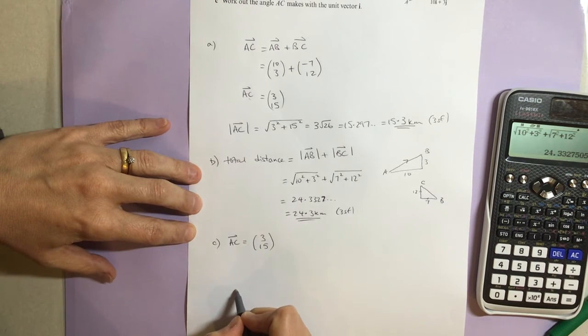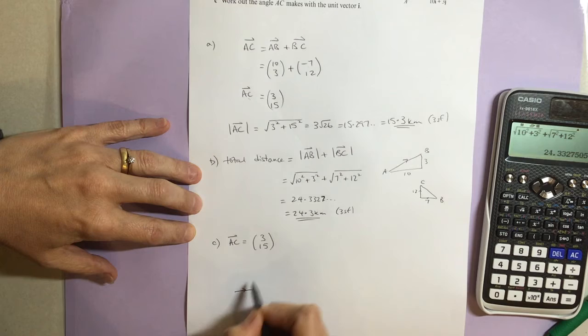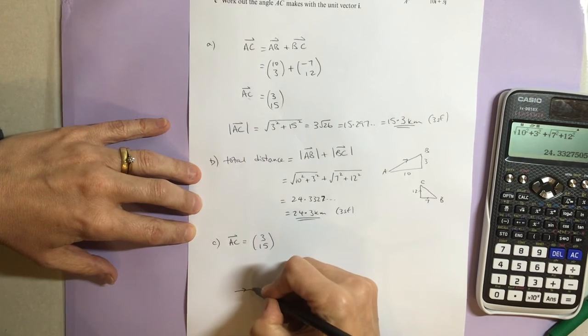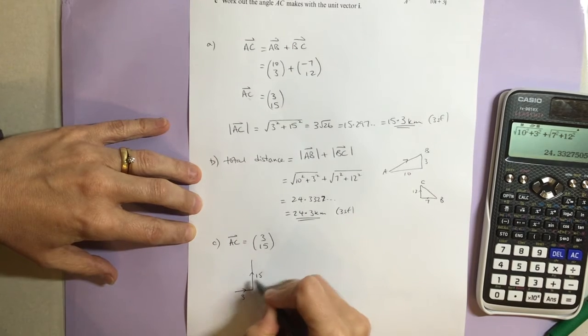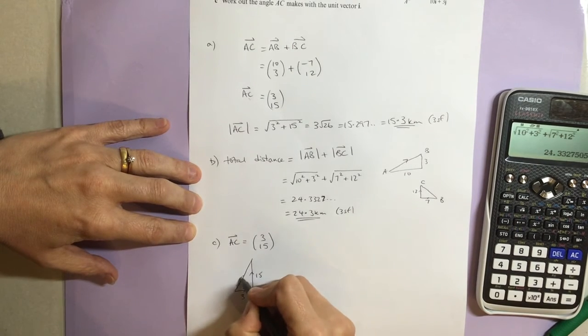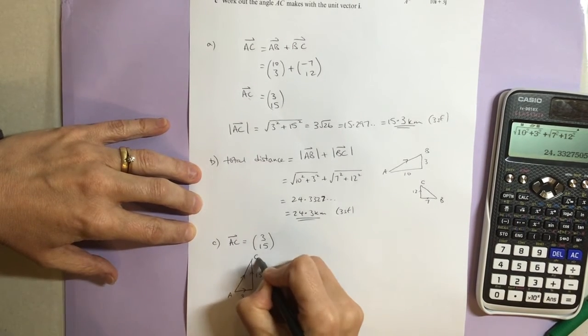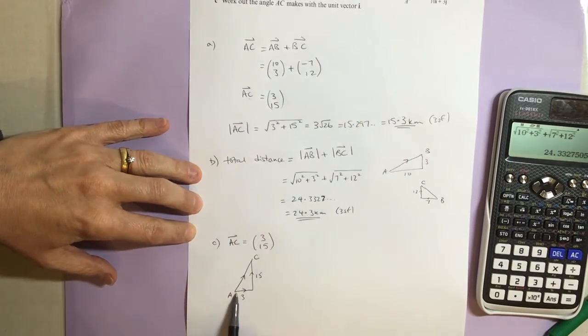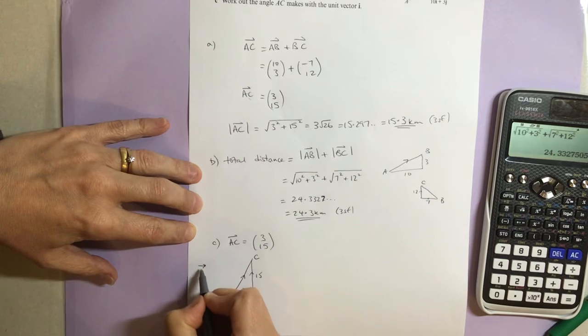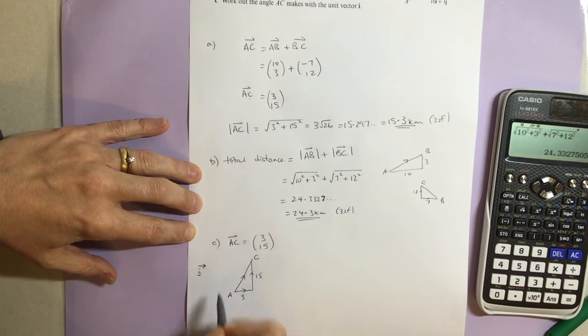So that's going to look like 3 in the positive i direction, 15 in the positive j direction. So there's my overall vector AC. And I want to know the angle that AC makes with the unit vector i. And again, don't forget, i is just that unit vector in the positive x direction. So I want to know what this angle here is.